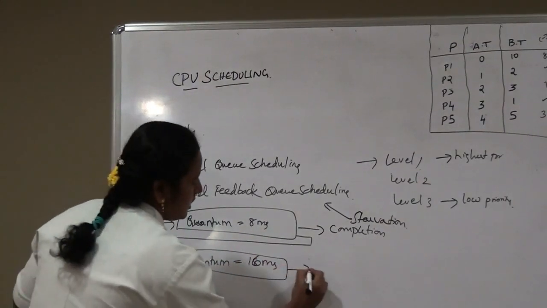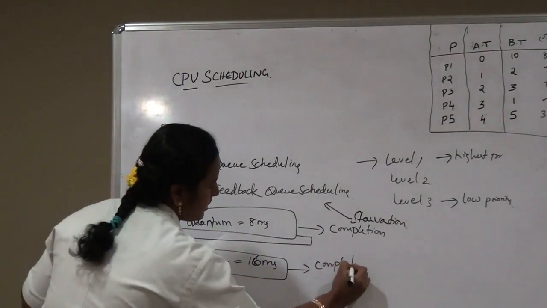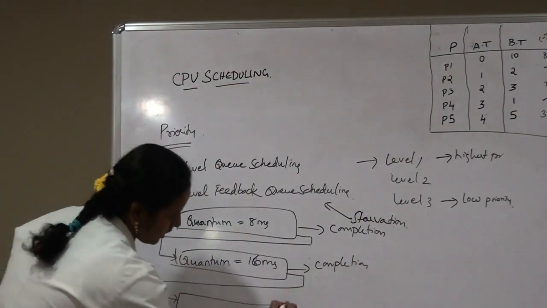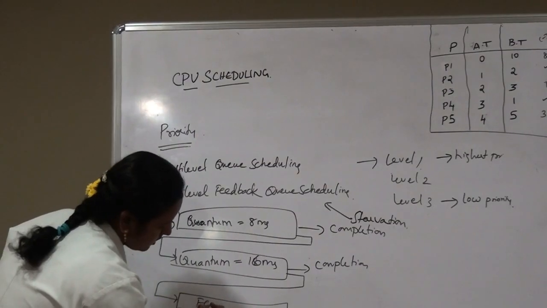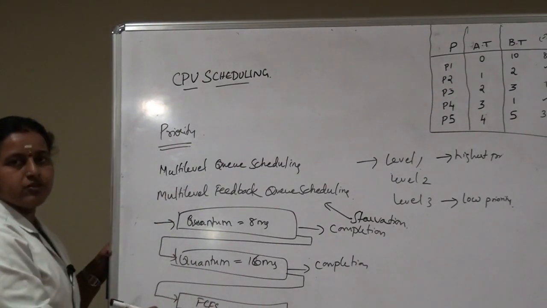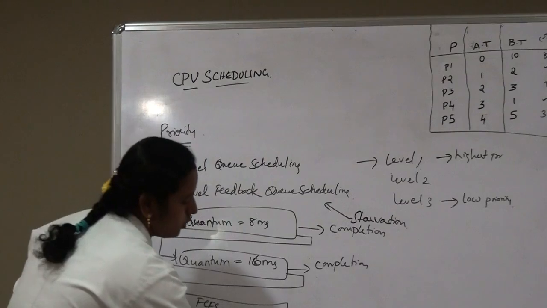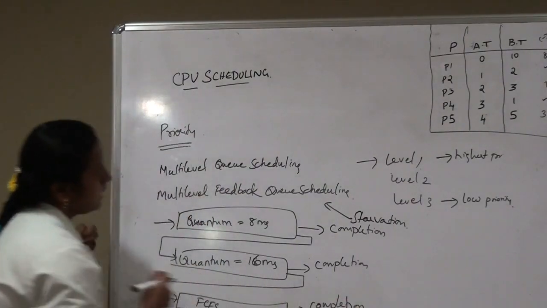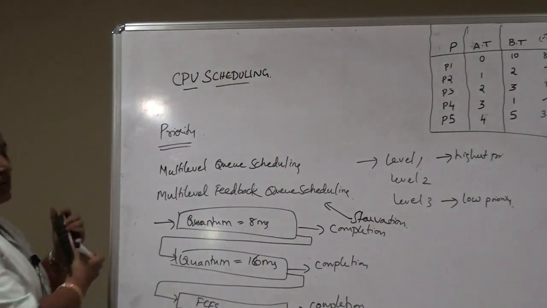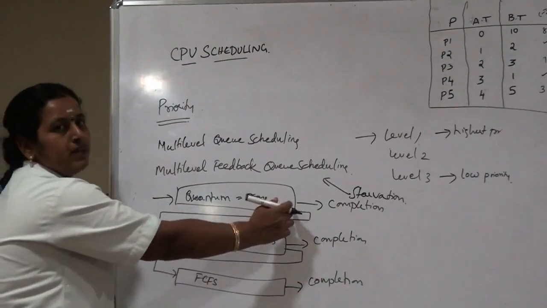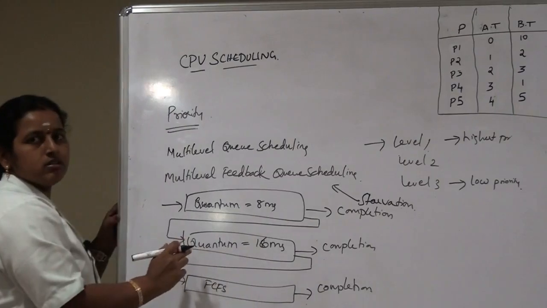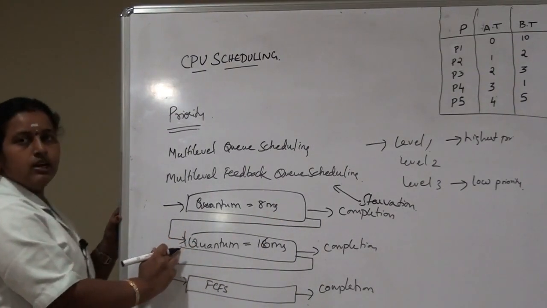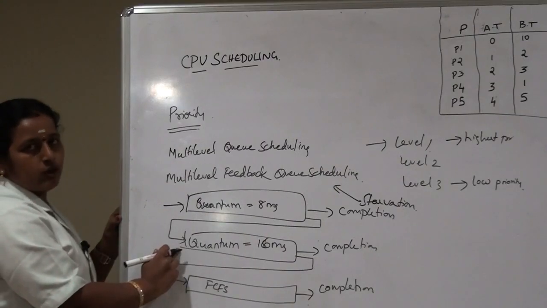Again, if it completes, it exits. If it does not complete, it goes to the next algorithm, namely FCFS or SJF. Like this, in each level of the multi-level feedback queue, starvation is avoided: the completed process exits outside, and the other process enters inside as feedback for the next level.